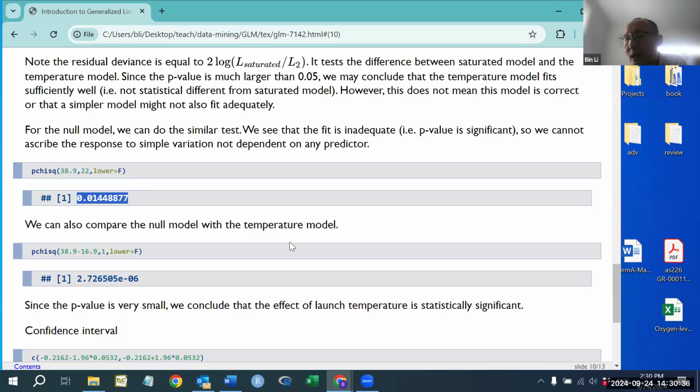the intercept only model with the logistic regression with only the temperature included, right? So then we can just do the chi-square test on the null deviance minus the residual deviance.